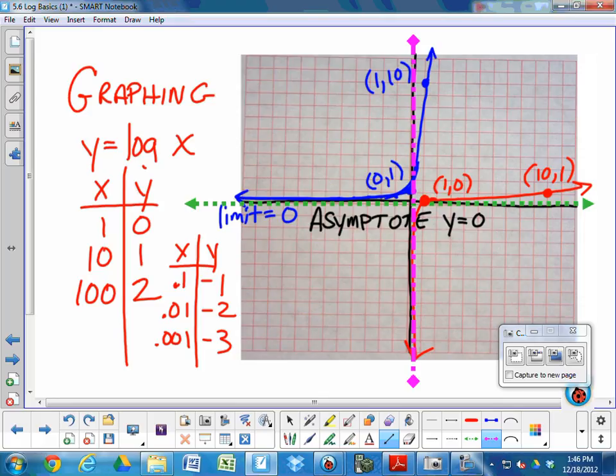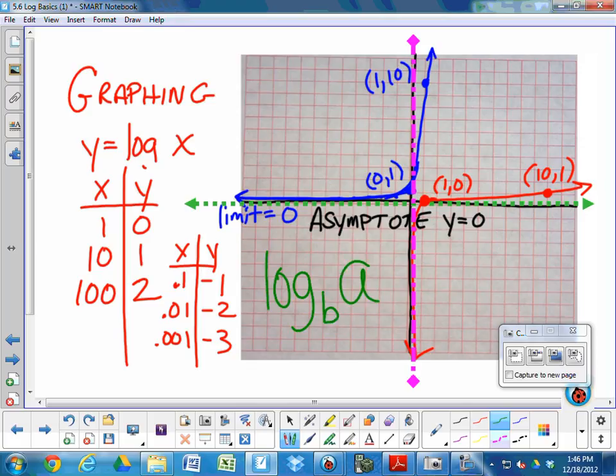And if you remember from yesterday, with our definition of a log, we said that when you have log of a base b, what did a and b have to be? They couldn't be negative or 0, right? So the base here is what?